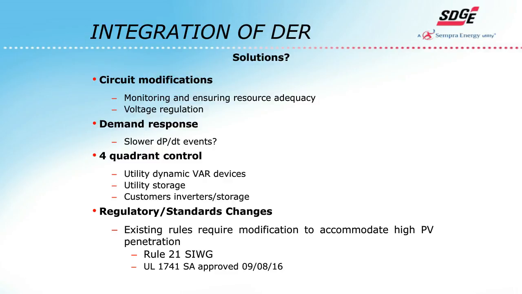You can look at demand response, certainly at the system level, the larger level, where you're trying to work on the ramps, which I'm calling the slower rate of change of power events. That tends to work well, but for very high speed solar oscillations, demand response is probably not going to be used. You get into four-quadrant control devices, and we'll call these smart inverters, whether it be utility dynamic power devices, custom utility storage, and/or customers' inverters and storage.